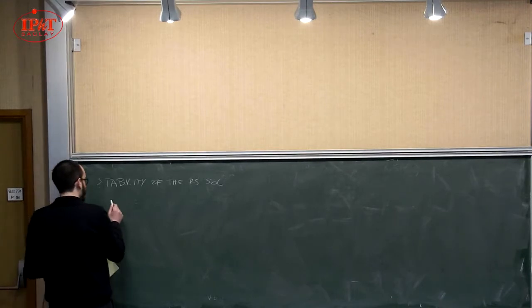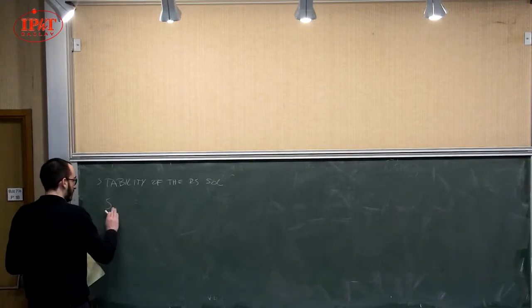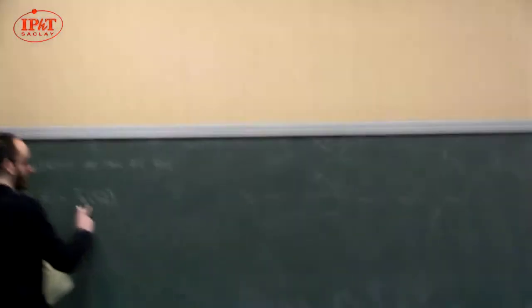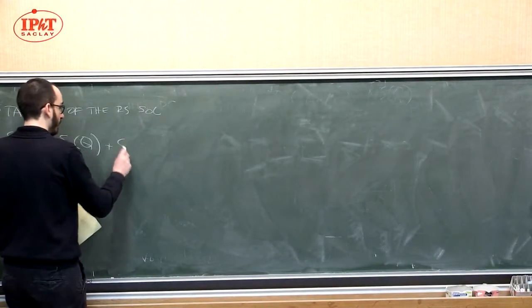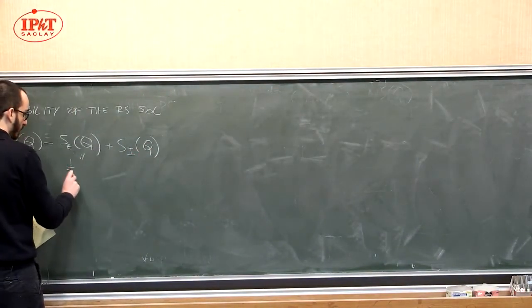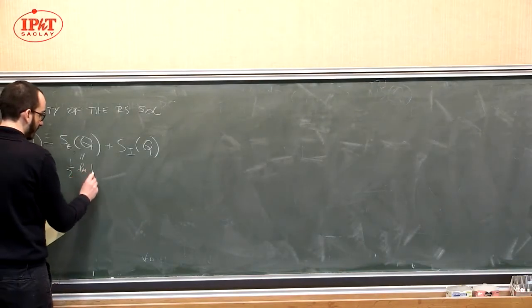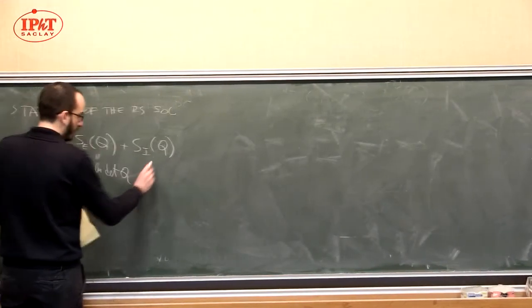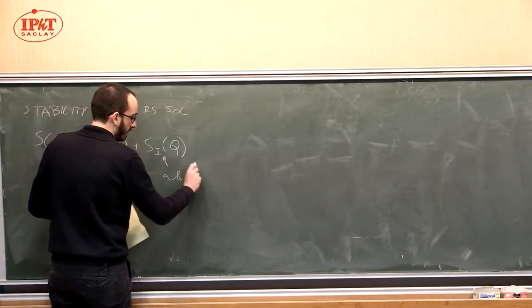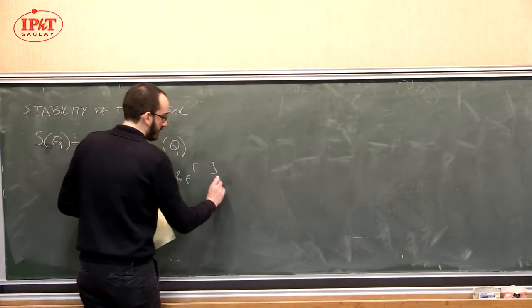So what you do is first you write S of Q. I call this an entropic term, and then you have an interaction term. So this is 1/2 log determinant of Q, and this is the other one. So it's alpha log the exponential of things.